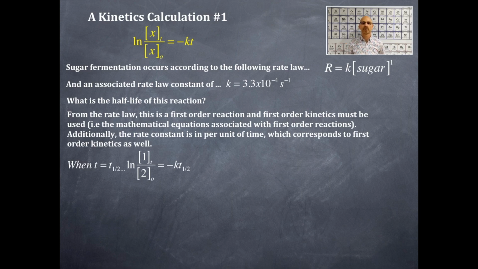So here is first order solved for you. When t is equal to t of 1/2, I've plugged this into the integrated first order rate law. So hopefully this makes sense for you. So natural log of 1 over 2, right? Because if the initial concentration is 2, then half of that would be 1.